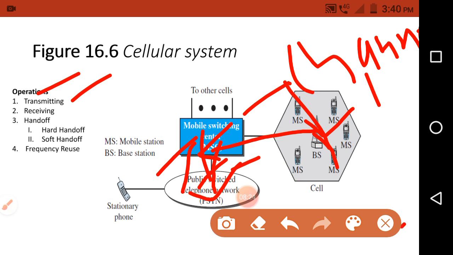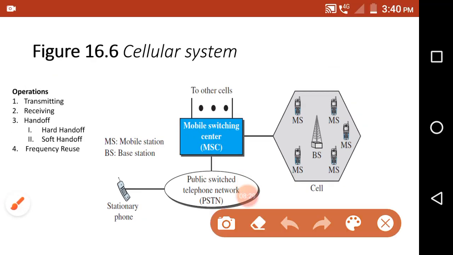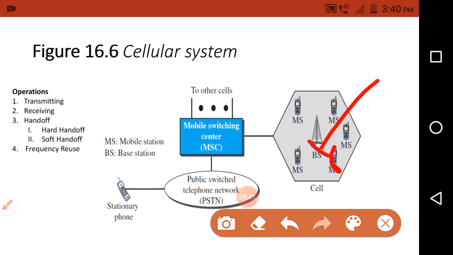So what is transmitting here? Transmitting is nothing but this: first the person types the number on the mobile screen, then the mobile station sends that number to the base station through the proper channel. The base station sends that number to the mobile switching center, and the mobile switching center forwards that number to the public switched telephone network.